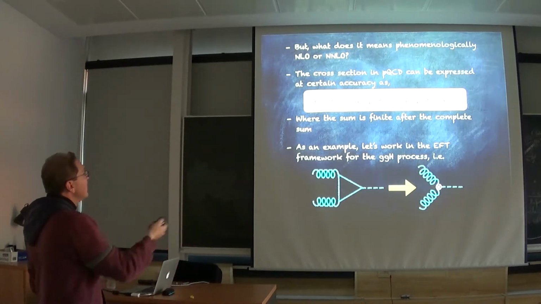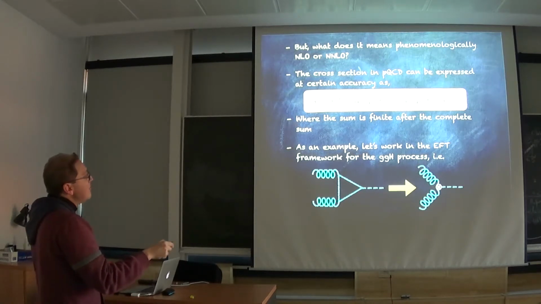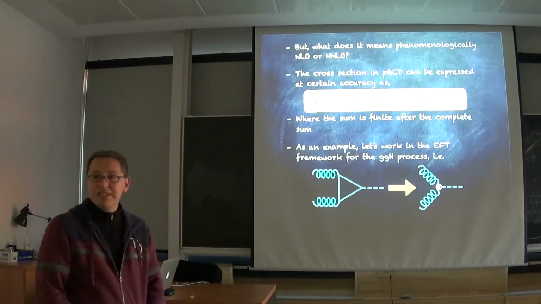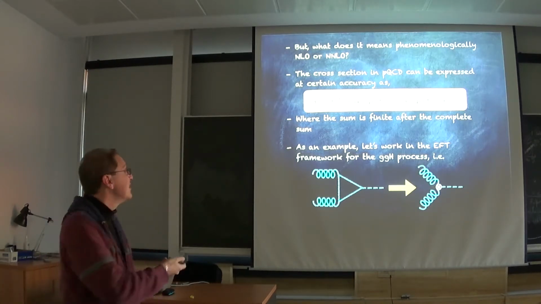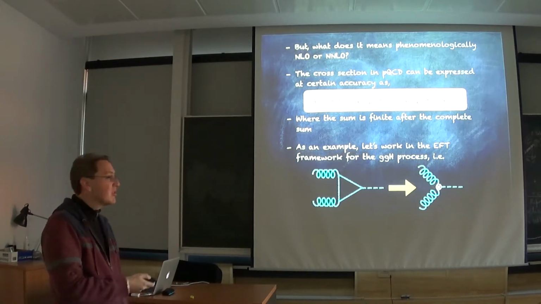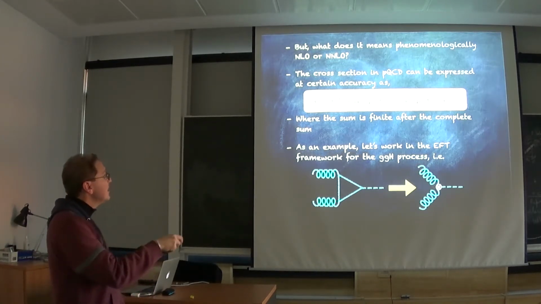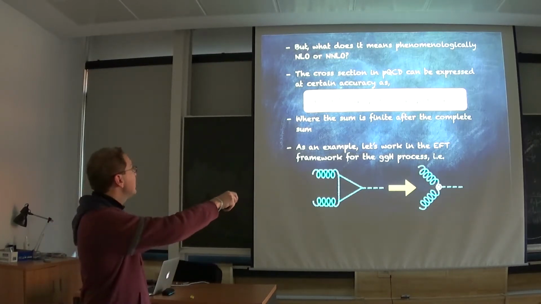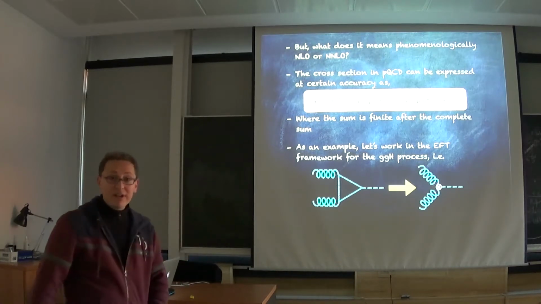This is a number which you can find on the PDG. It's a fixed number, it's not infinite. The experiments give you the number, they don't give you anything more than that. The problem is that if this alpha s is very high, it could be that this piece is not relevant.